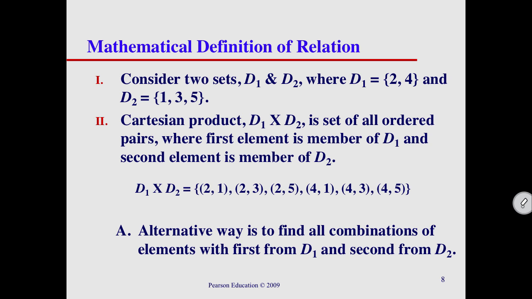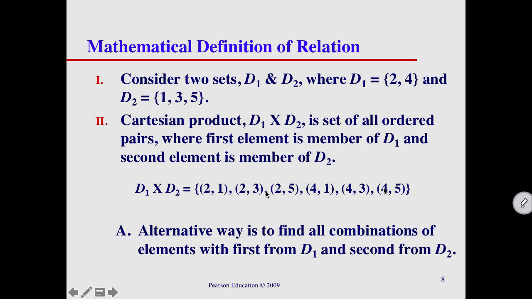D1 is a domain, it has the values 2 and 4. D2 is a second domain restricted to the values 1, 3, and 5. Then the Cartesian product of those 2 domains is what you see right here. It's 6 pairs of numbers. Okay?